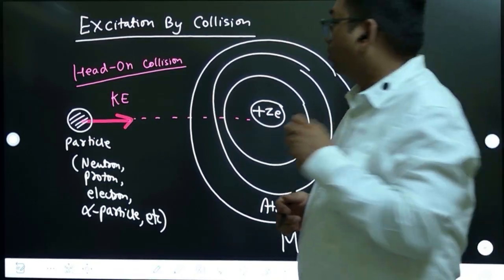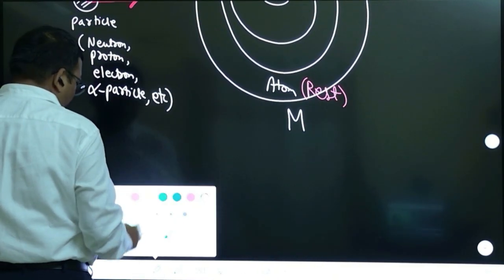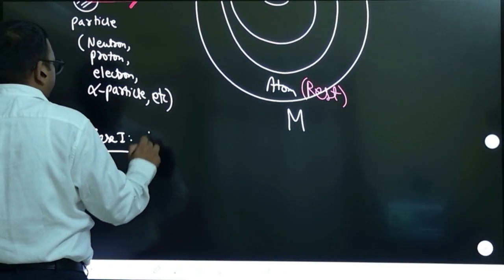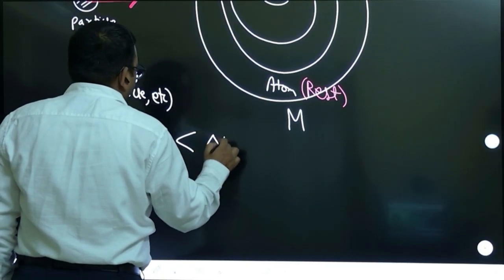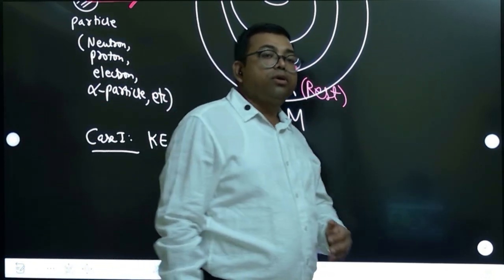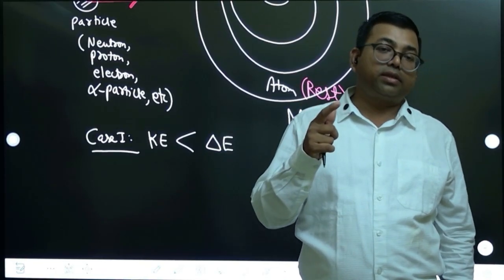Okay. So now let us take some case. Assume case 1, that the kinetic energy of the particle is less than the excitation energy. So assume that the electron is in the ground state. Where can it excite? Minimum it can excite to the first excited state.